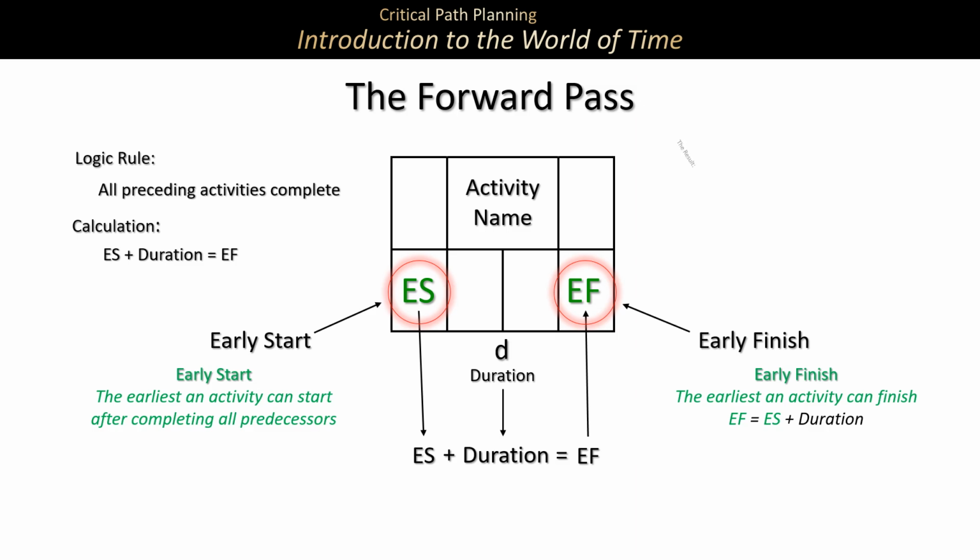But now if we look at the results of the forward pass, we realize that we get the early performance of each activity. And there's no indecision about where the bars should or could appear on the bar chart. We simply place them at their earliest performance as calculated. And more important than that, we get the shortest project duration.